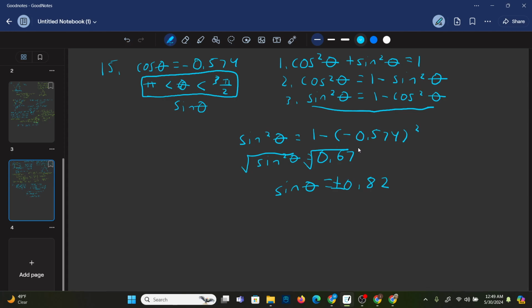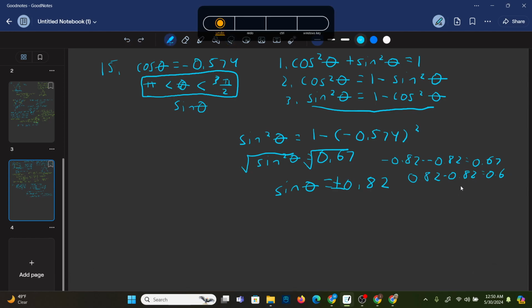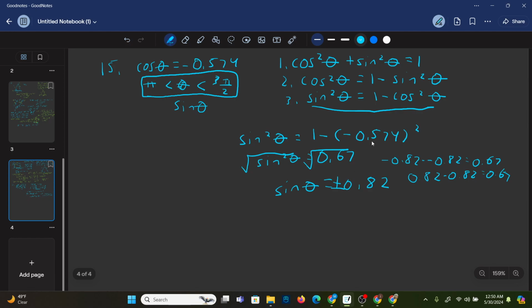Because for example, negative 0.82 times negative 0.82 equals 0.67, but also 0.82 times 0.82 equals 0.67. So it would be plus or minus. So in order to find whether it's plus or minus, we look at this.